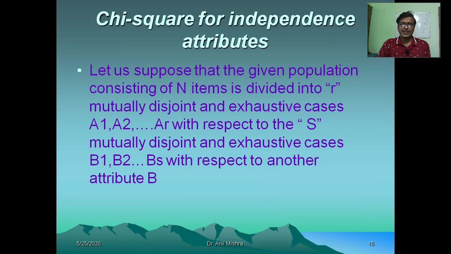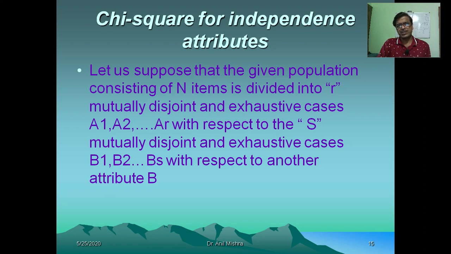Now, move to the independence of attributes. Independence of attributes means whether there is any association between the variables or not, which we are going to calculate. Take for example, suppose you face some sort of disease and you consume, let's say, medicine.